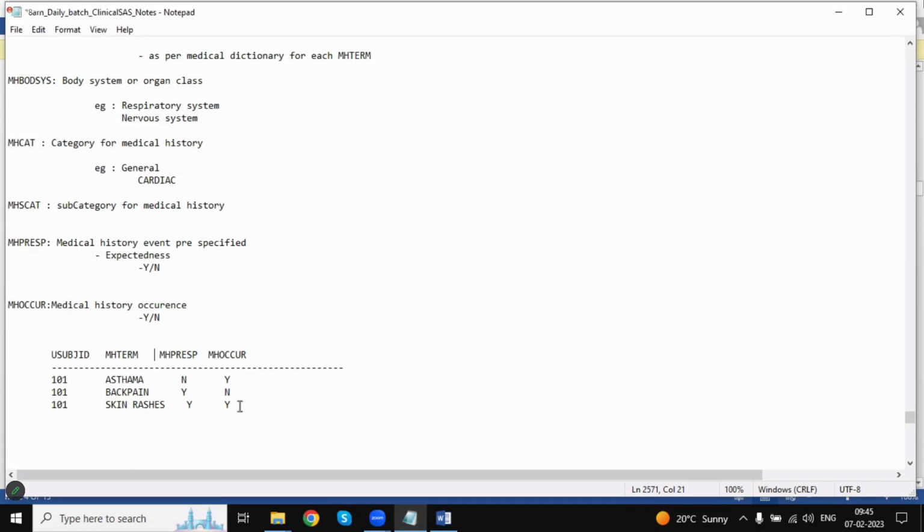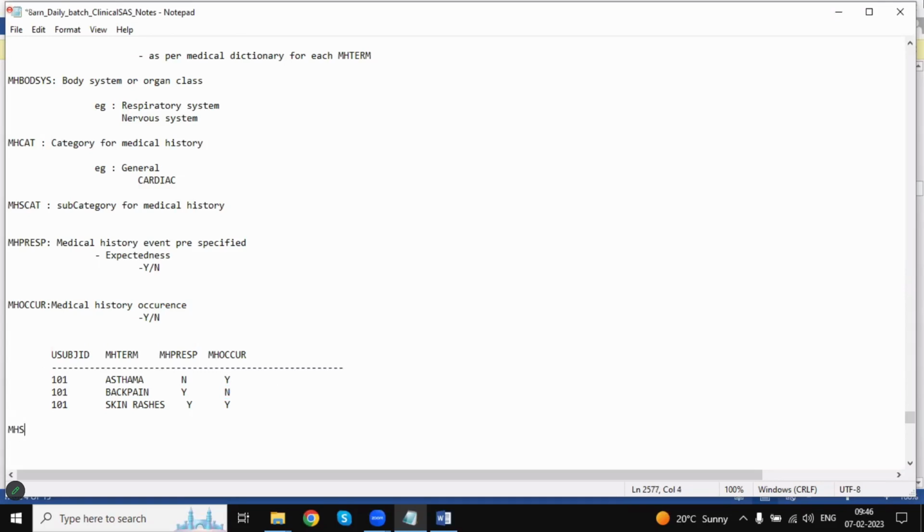It is completely about previous medical problems only. All these terms already happened previously. If the person suffered with asthma, then asthma is medical history, yes, it occurred. Back pain, after surgery they told in the hospital that you may expect back pains. They told it, so pre-specified, but it did not occur. Why will they collect this information? At that time maybe it did not occur, but after our clinical trial has started, it may occur, right? Yeah, got it. Thanks, sir.